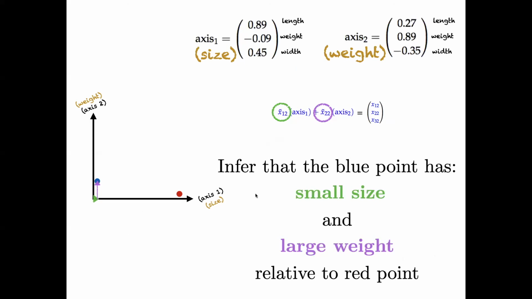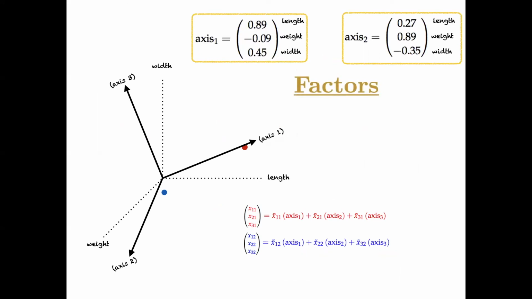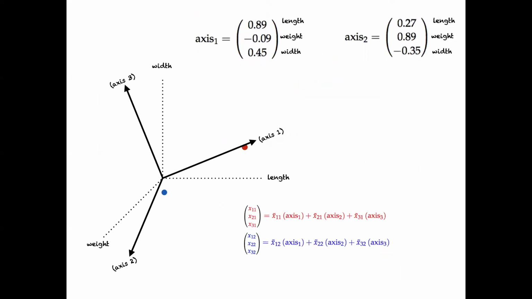So I want to just introduce some terminology here. We will revisit this terminology several times over the next several lectures. Using this example, these new axes that I draw tend to be called factors. These are factors, latent factors that I've uncovered in my analysis. The entries in those factors are typically called loadings.